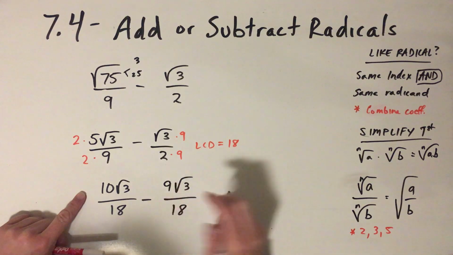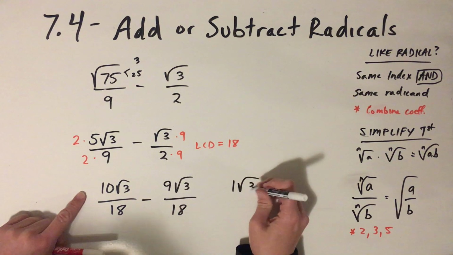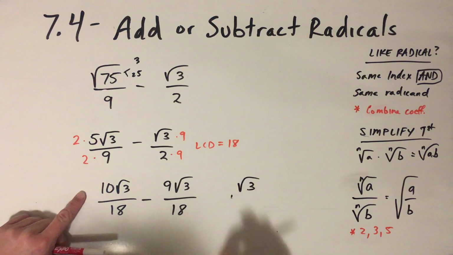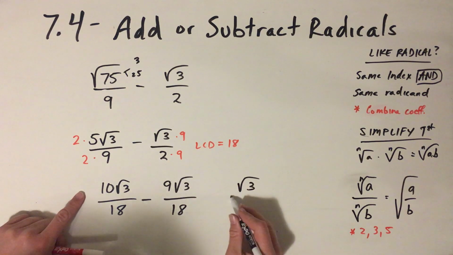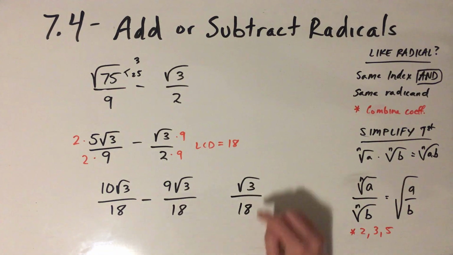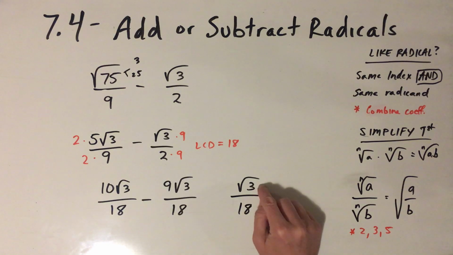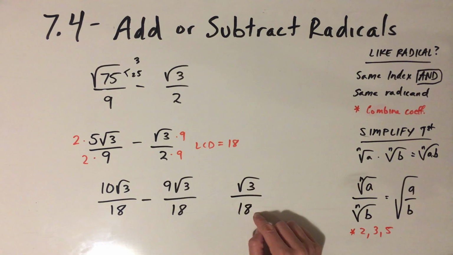So 10 minus 9 is just going to give you 1 square root of 3. But 1 times anything is just itself, so we're not going to write that 1, and this is going to be over 18. Now a lot of people have this question, hey, can't I simplify this 3 with this 18? Well, no, because this 3 is being raised to the 1/2 power, and this 18 is being raised to the 1st power.